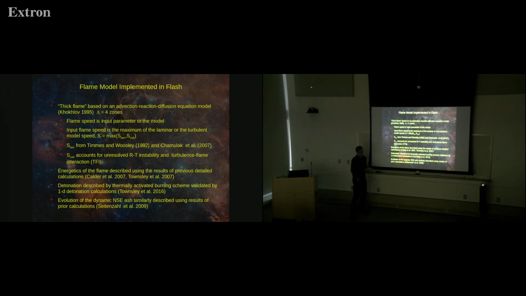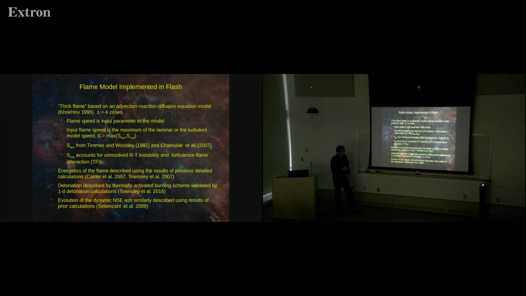That's the laminar flame speed, just a one-dimensional flame. Or it takes the flame speed based on these subgrid models. So we take the laminar flame speed from a direct numerical simulation of a one-dimensional flame. The subgrid model accounts for that unresolved Rayleigh-Taylor instability, that square root of Agl, or the turbulence model. And you describe the energetics, the amount of energy that it releases, based on previous calculations.